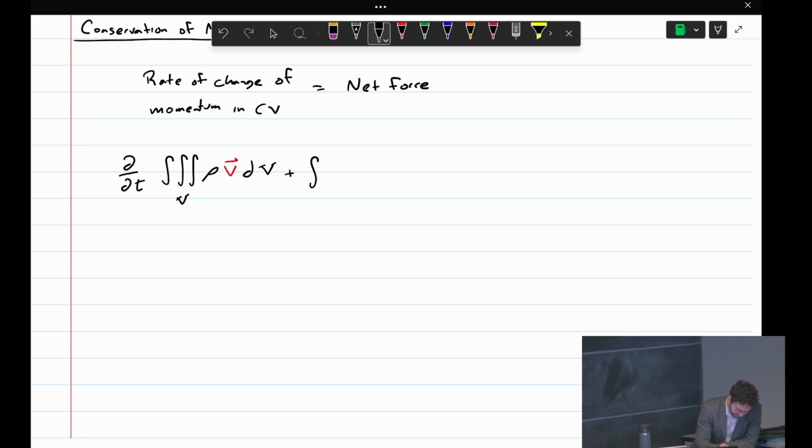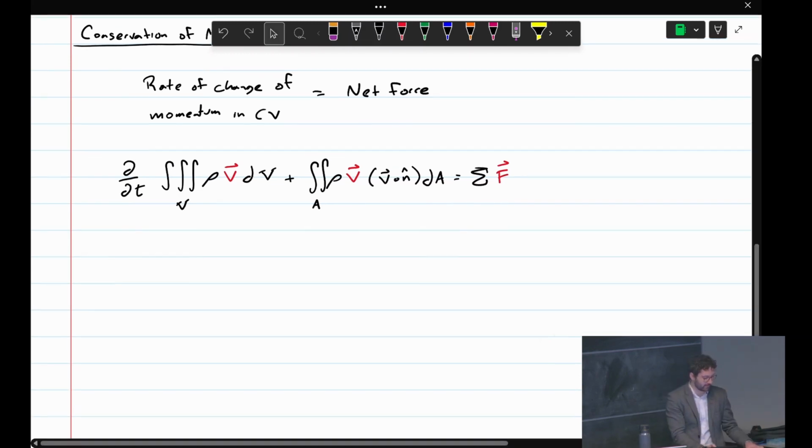Another way that our CV can change momentum is by flow going in or out of it. That flow carries momentum. So the flux of momentum through our CV's control surfaces is this. All that is equal to the sum of forces on our CV.